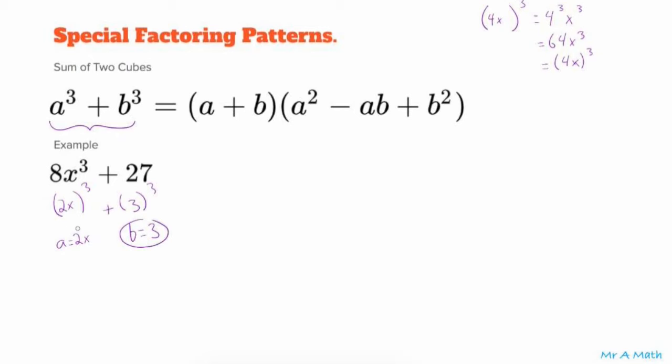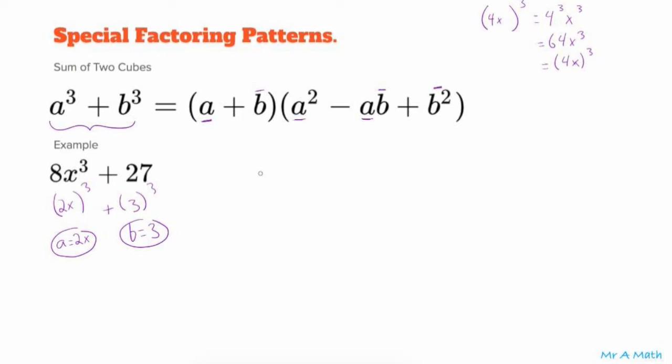So these are my a and my b, and now I'm just going to plug in a for every single a that I see, and plug in b for every single b that I see. And then this is going to help me factor this expression.